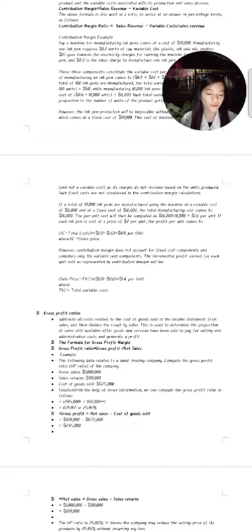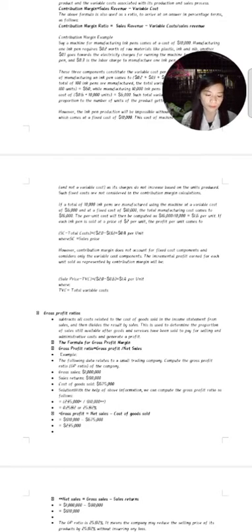If a total of 10,000 ink pens are manufactured using the machine at a variable cost of $6,000 and a fixed cost of $10,000, the total manufacturing cost is $16,000.